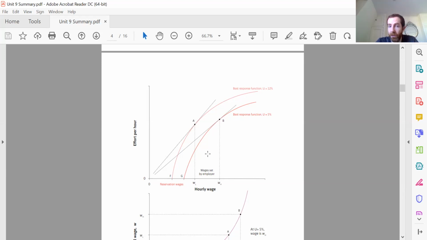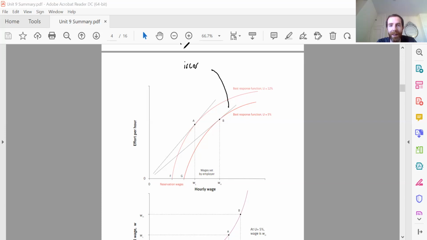So what they're trying to do is firms are trying to minimize the cost of effort per hour. And this gray line here shows combinations of wages and effort per hour that would lead to the same level of cost of effort per hour. And we call these lines on the diagram iso-cost.